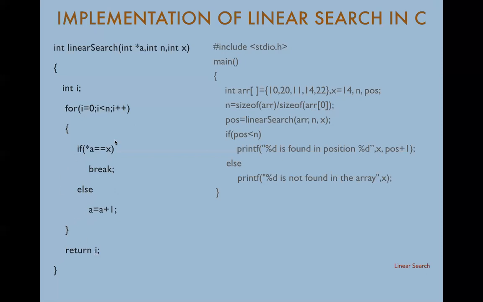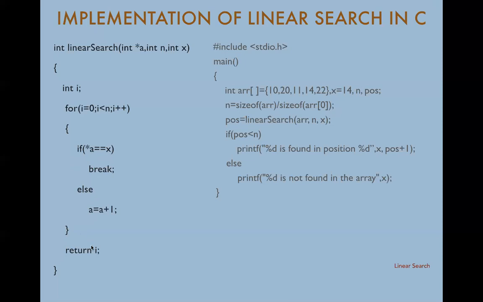So if the search element X is not found in the array, the entire loop will be executed. This condition is never true, so it does not break from the loop. It continues with the loop and comes out of the loop only when this condition fails, that is, when i becomes equal to n. So when I return, i will be equal to n.